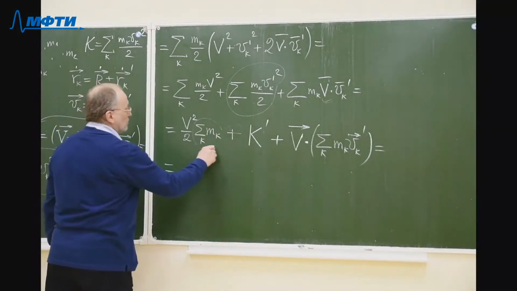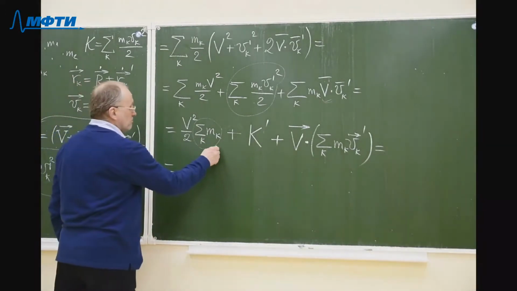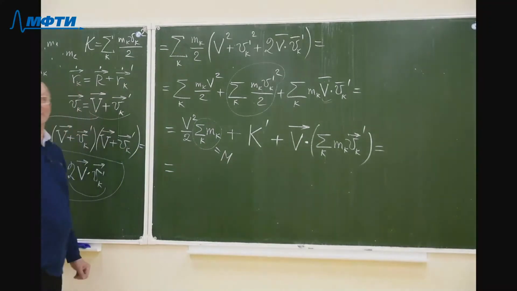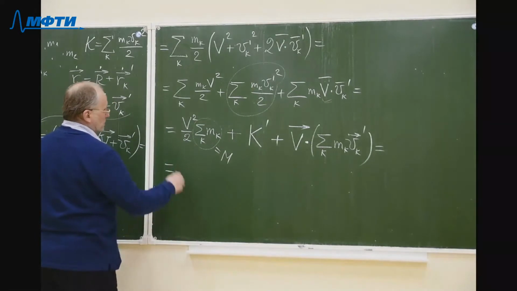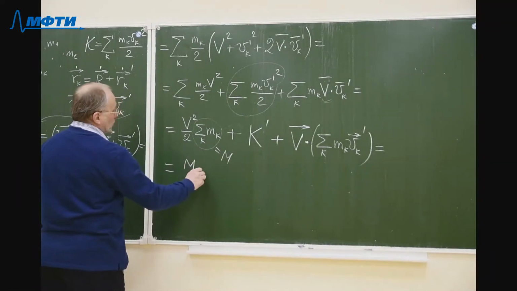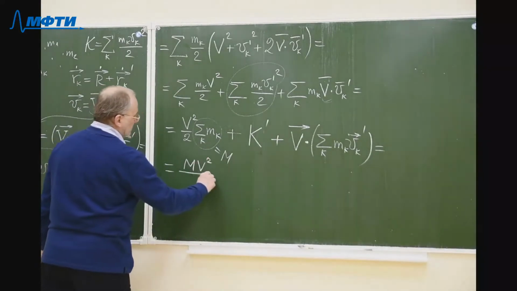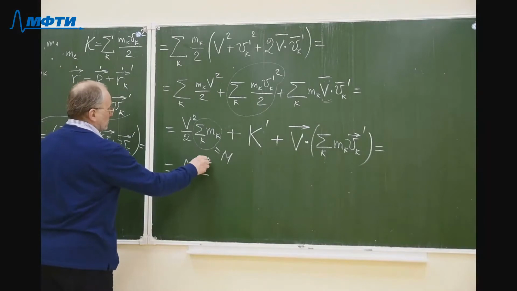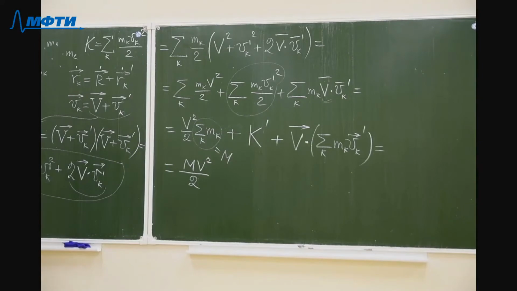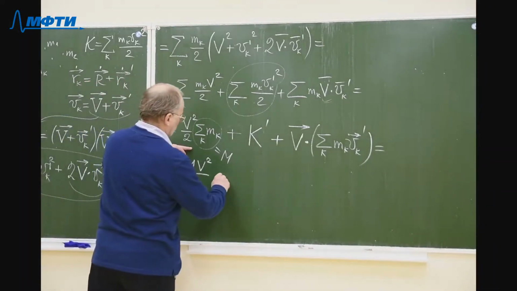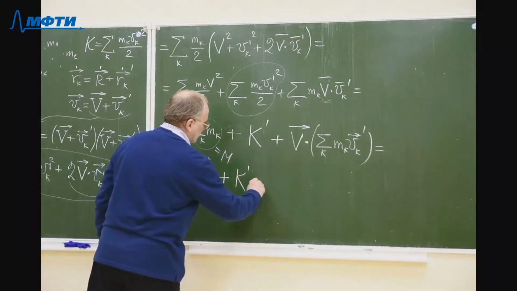What is the sum of all the masses in the system? This is the total mass of the system. So what we have in the first term is capital M, total mass of the system, capital V squared, that is the velocity of the second reference frame with respect to the first reference frame, over 2. That's what we have as the first term, plus kinetic energy with respect to the second reference frame.